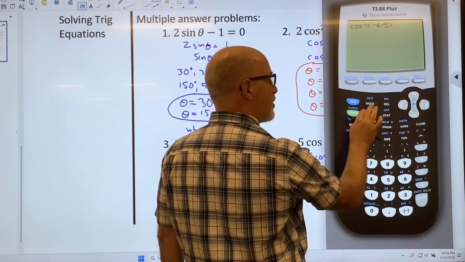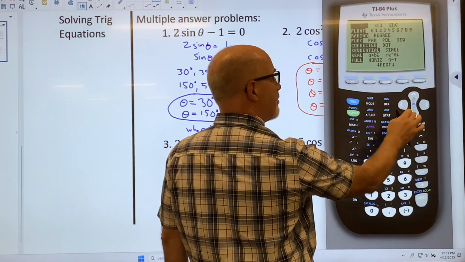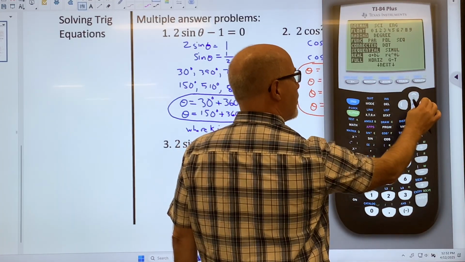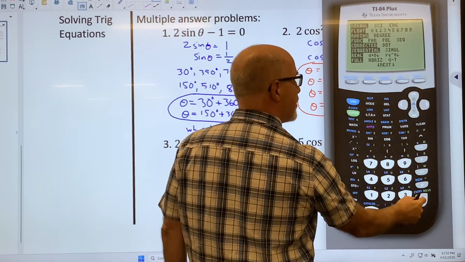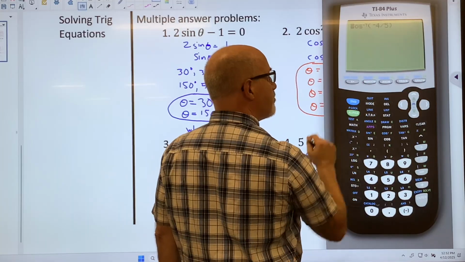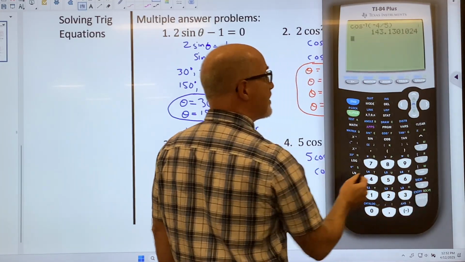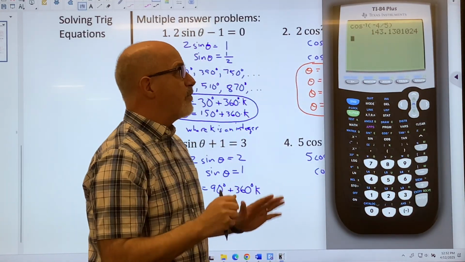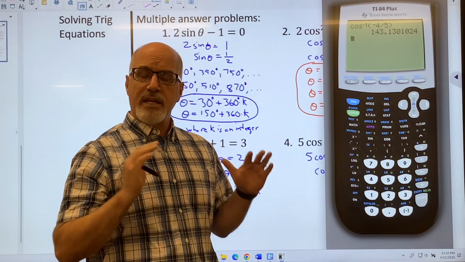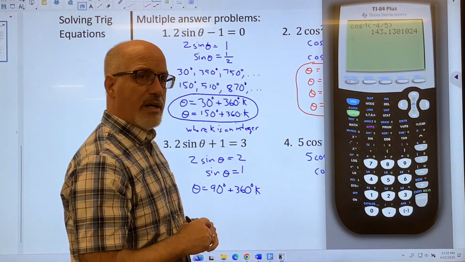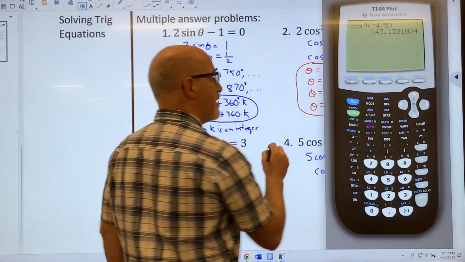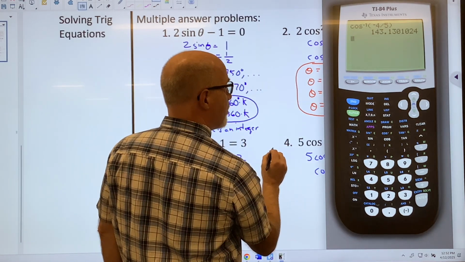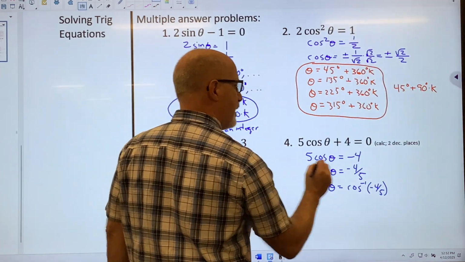I want to be in degrees, so I'm going to check my mode here and change it to degrees. And now when I get that answer, it gives me 143.13. I have to round somewhere for this one, so I'm going to round to just 2 decimal places: 143.13.